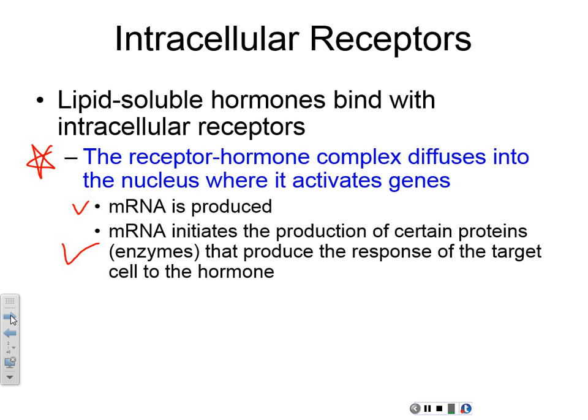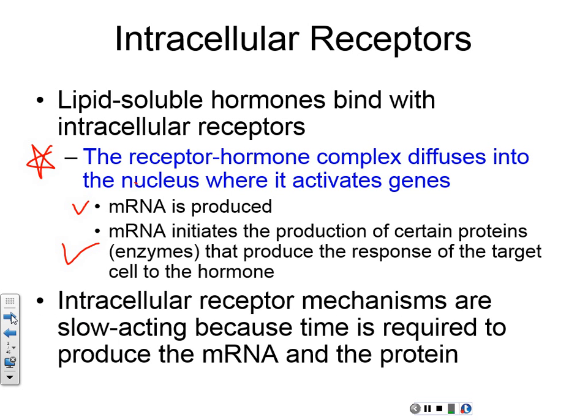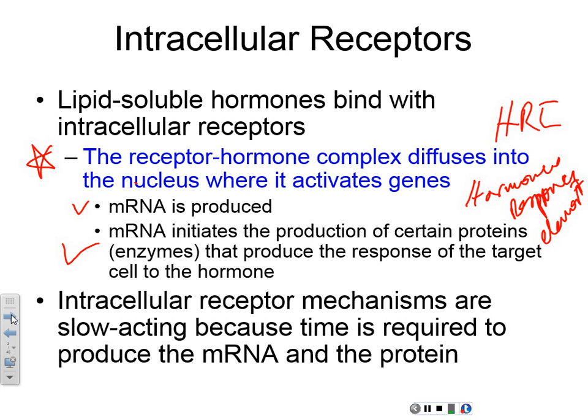Okay, so it goes right into the cell and will attach to a certain part of the DNA called hormone response elements. I'll show you that. The DNA has many genes, which are codes for different proteins. Whenever there's the start of a gene, normally we just call it the HRE, hormone response element.